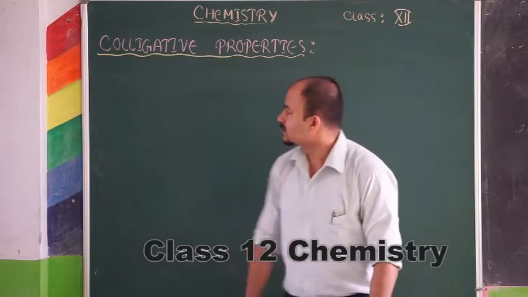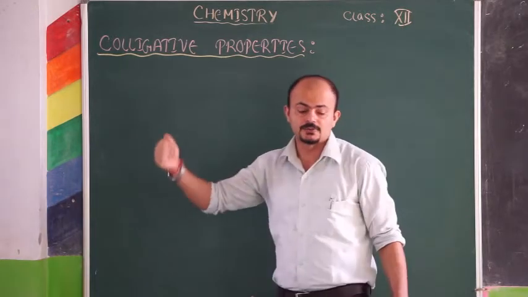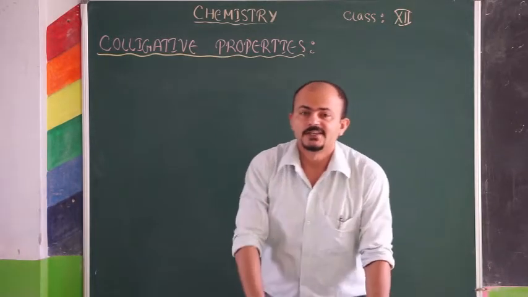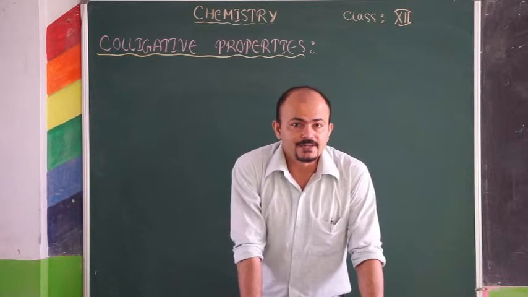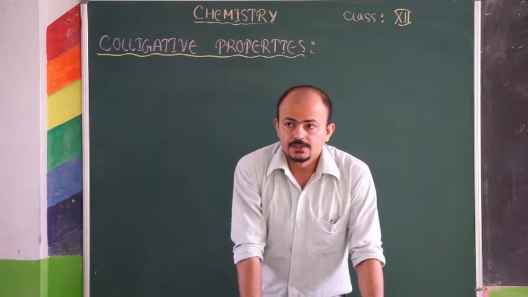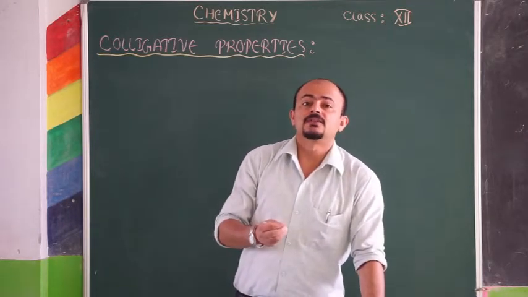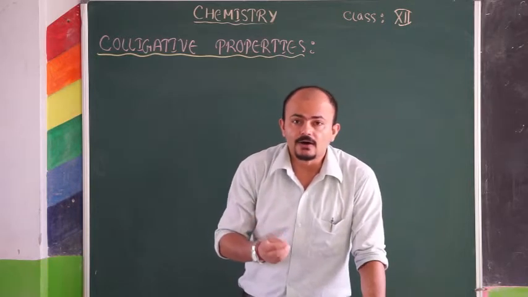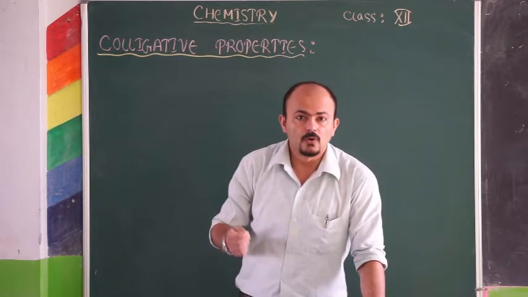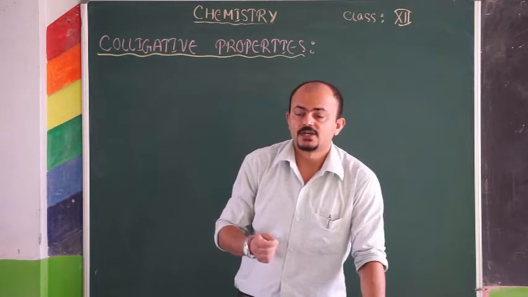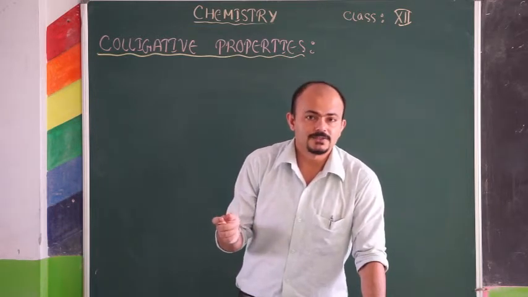Students, today we will be discussing colligative properties. A colligative property is a property of a dilute solution which depends upon the number of solute molecules present in a known volume of the solvent.